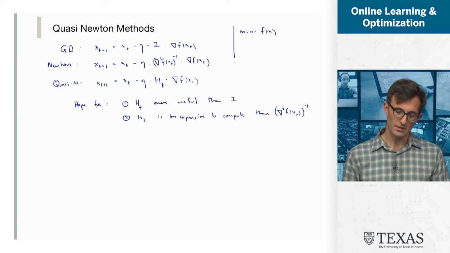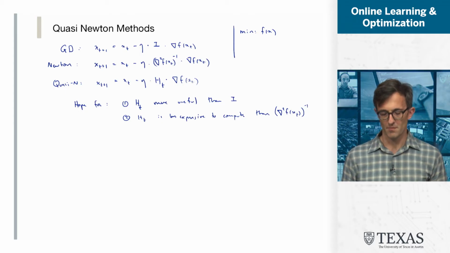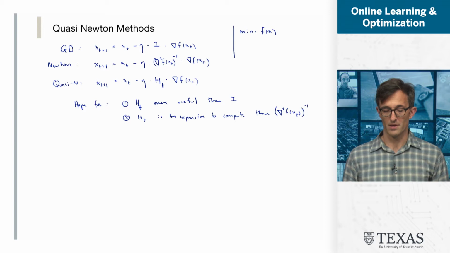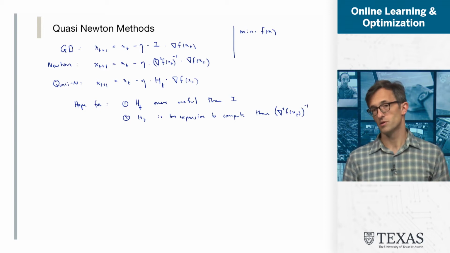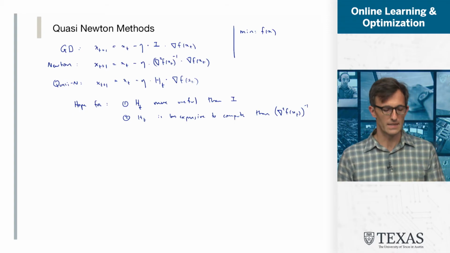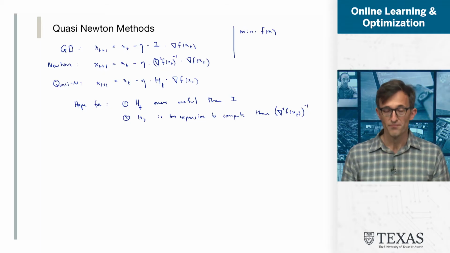So let me just give a simple example here. And then in the next lecture in this series, we're going to talk about probably the most used and most well-known quasi-Newton method called BFGS. But here, let me just give a first idea that would give us a hint about what we might hope for.